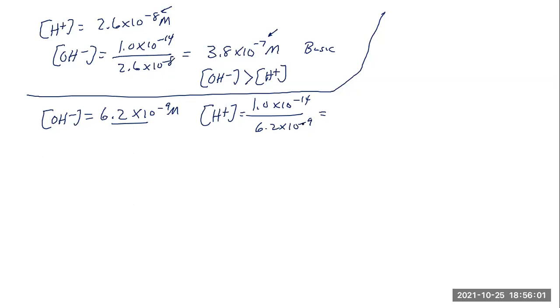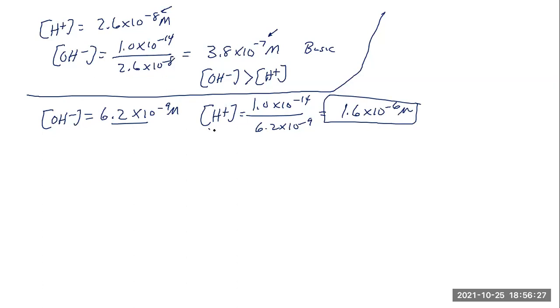If we punch it in, 1 exponent button negative 14 divided by 6.2 exponent button negative 9 gets us 1.6 to the minus 6 as the H plus concentration.